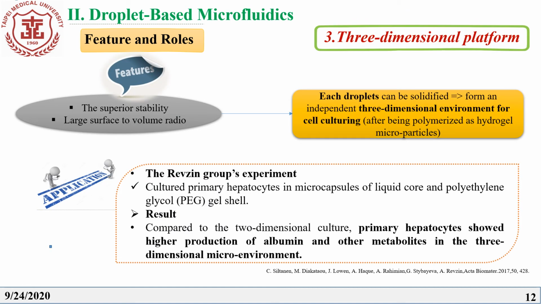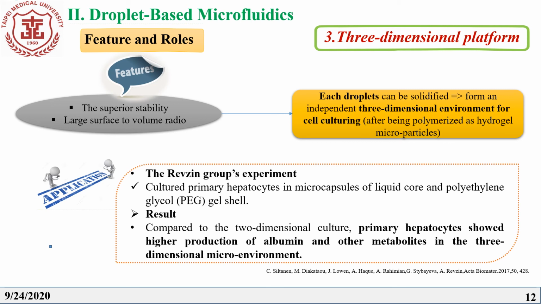And the last feature is three-dimensional transformation, and how to create an independent three-dimensional environment for cell culturing. As you may know from watching this video, and as I also told you before, I show a recent experiment application.